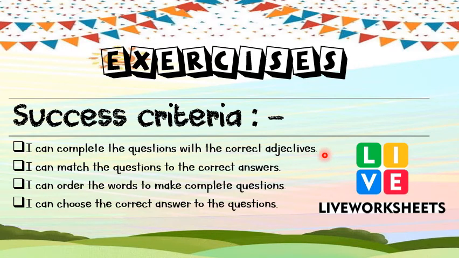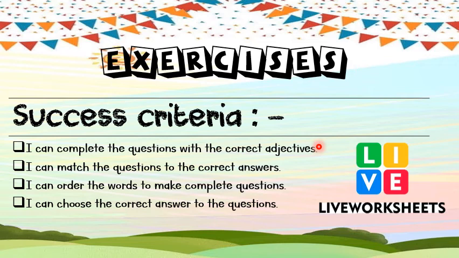Later you will use a drop down menu and choose the correct adjective to form a complete question. Untuk bentuk soalan yang lengkap dalam ruangan kosong tu, awak pilih jawapan yang betul.